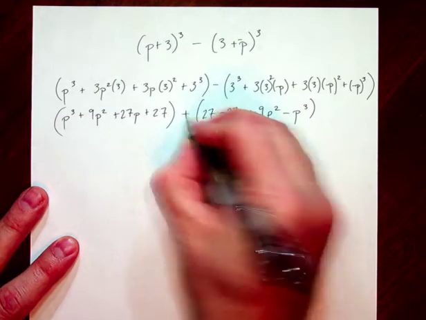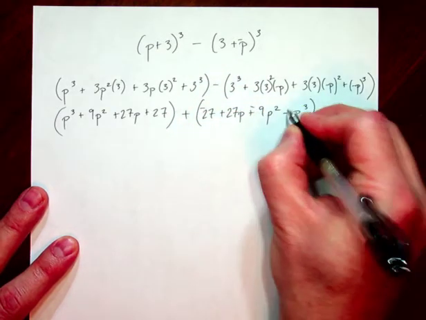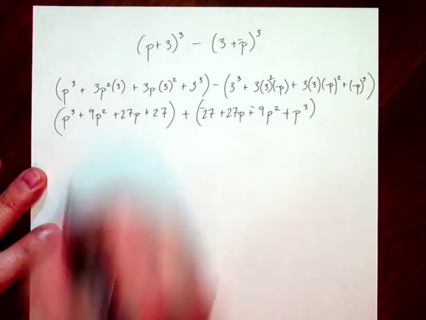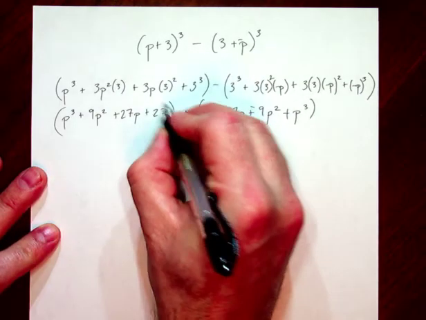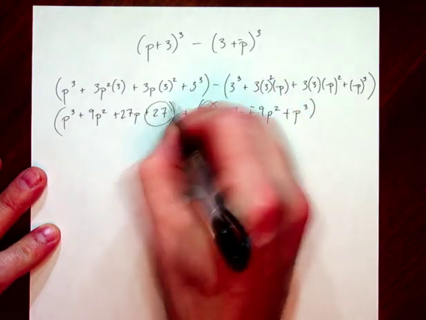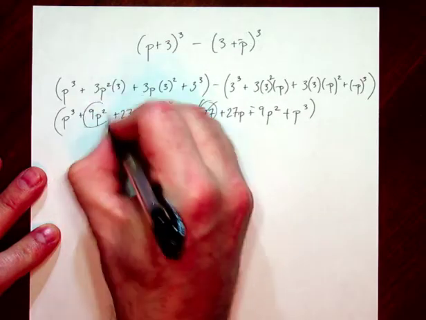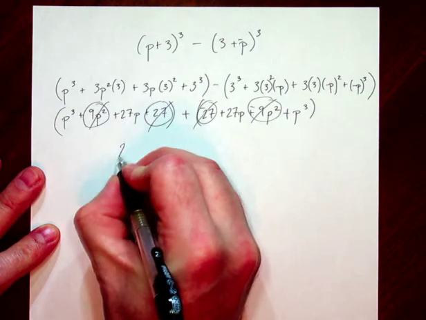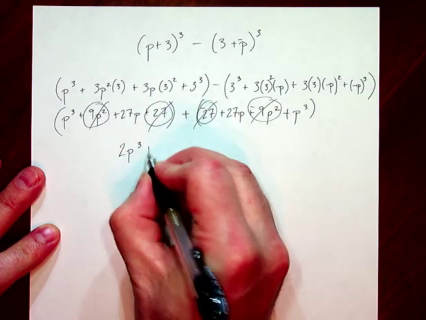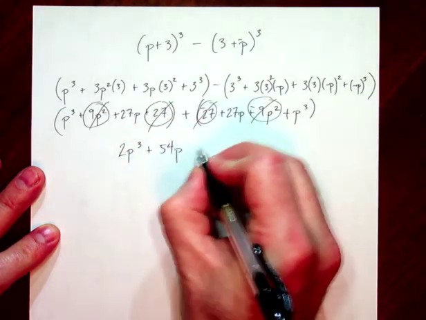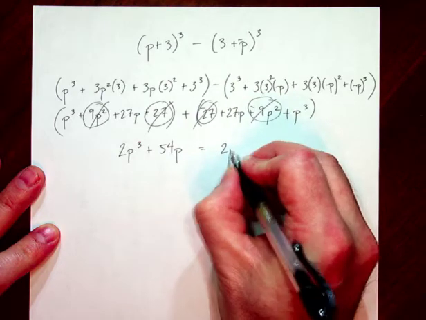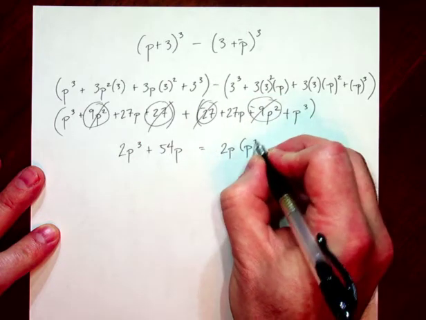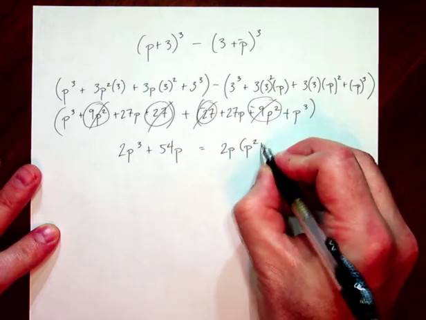Let's take that negative and use it to change all of those signs. And what you get here is this 27 and this negative 27 cancel out. This 9p squared and this negative 9p squared cancel out. And what you're left with is 2p cubed plus 54p, which if you pull out a 2p, you're left with p squared plus 27.